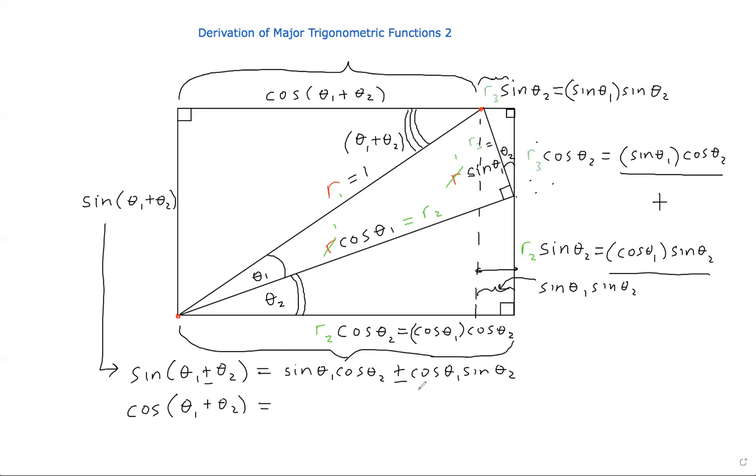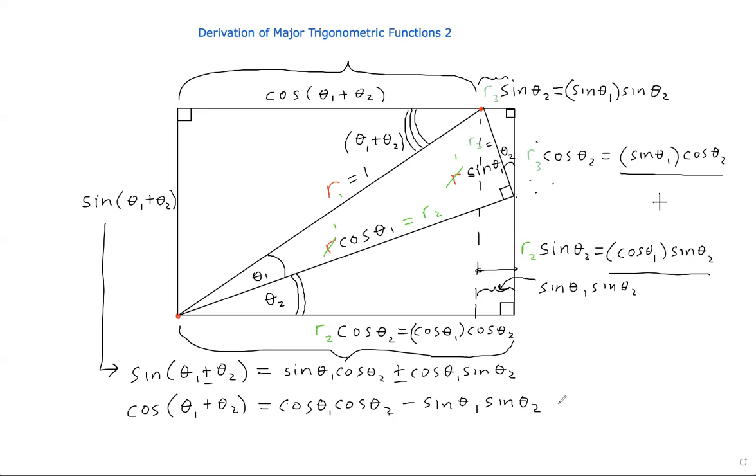2. So we can say that the cosine of theta 1 times the cosine of theta 2, which is the length of the bottom side, and we subtract the length again of this section here, minus sine of theta 1 times sine of theta 2.